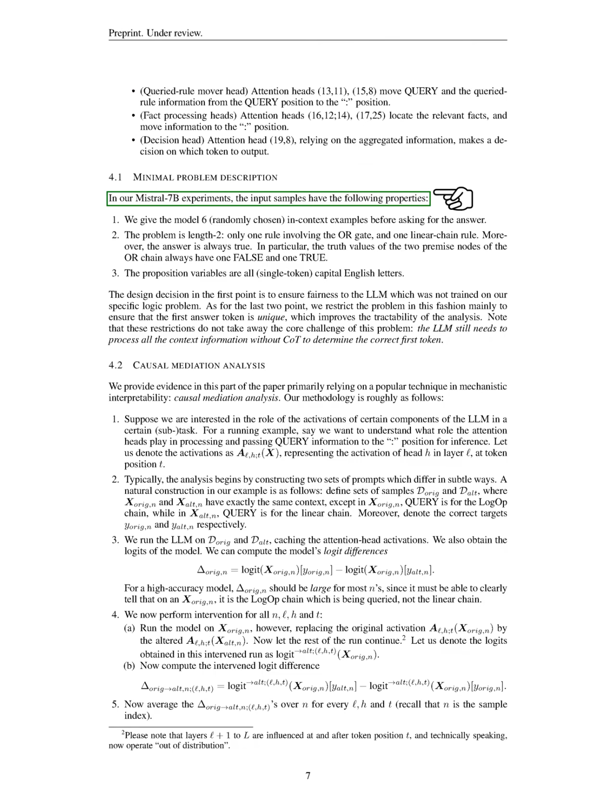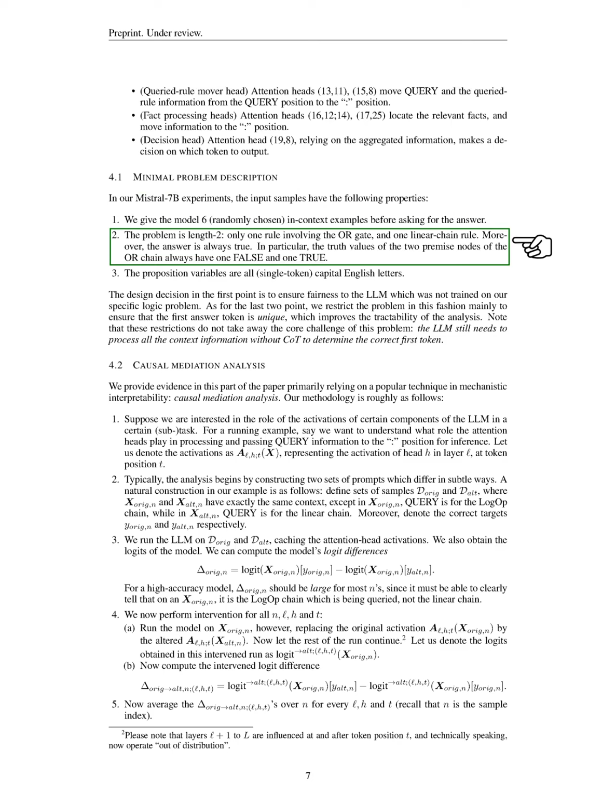In our Mistral 7B experiments, we provide input samples with specific properties. We present the model with 6 randomly chosen in-context examples before requesting an answer. The problem is structured to involve only one rule with an OR gate and one linear chain rule, with the answer consistently being true. Specifically, the truth values of the two premise nodes in the OR chain always include one false and one true.